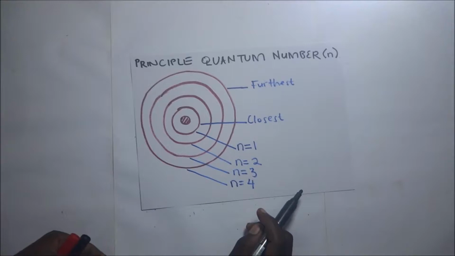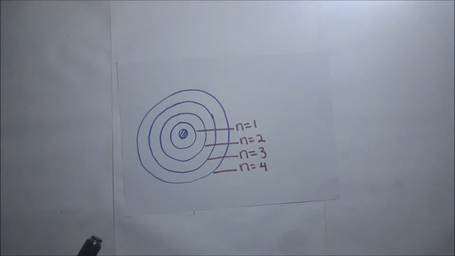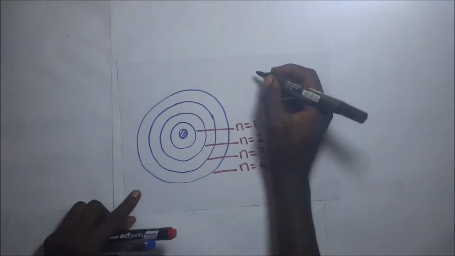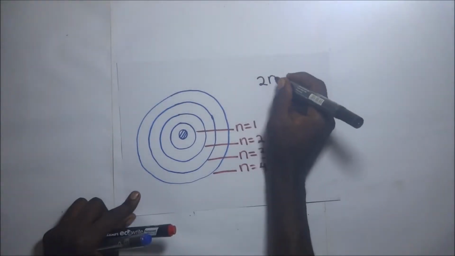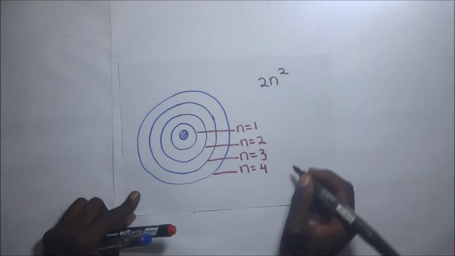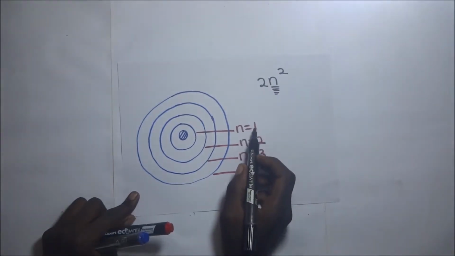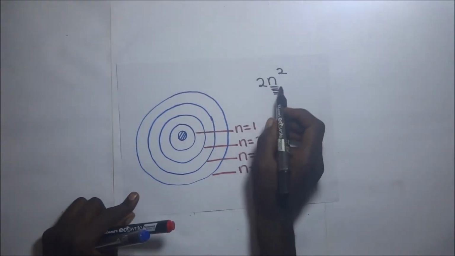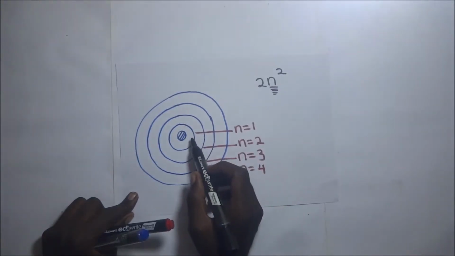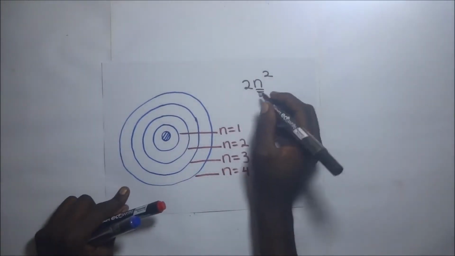So how does the principal quantum number help us know how electrons are arranged on the energy shells? Electrons are arranged on the shells according to the formula 2n squared, where n is the principal quantum number. This explains why the first shell can carry a maximum of only 2 electrons.